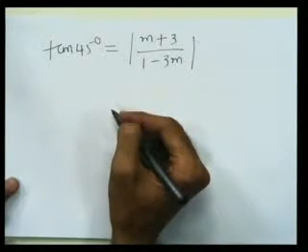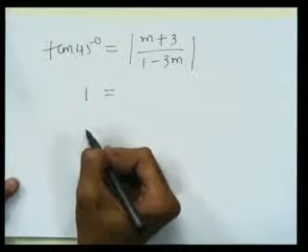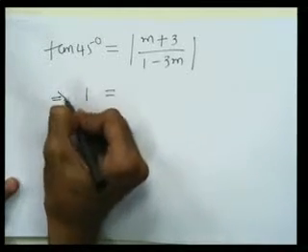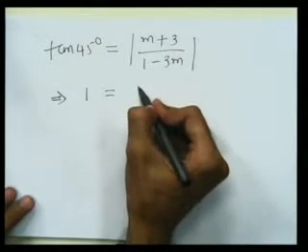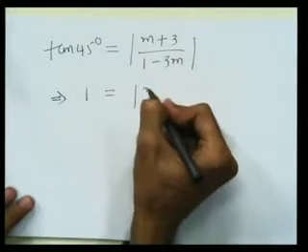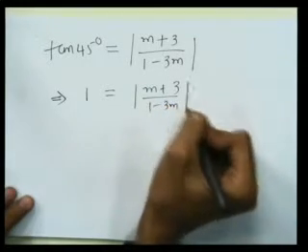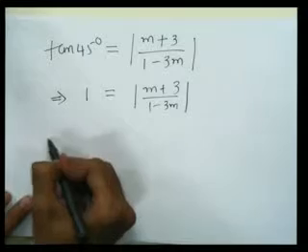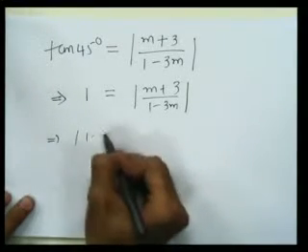And we all know that tan 45 degree is equal to 1. So 1 is equal to, in mod, m plus 3 upon 1 minus 3m.